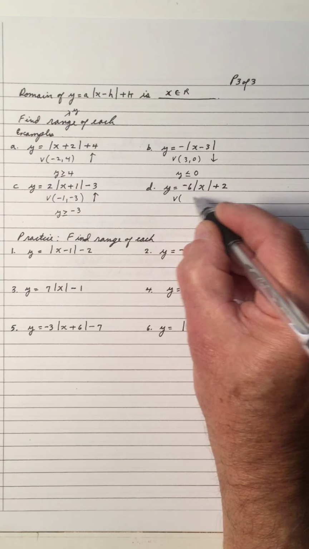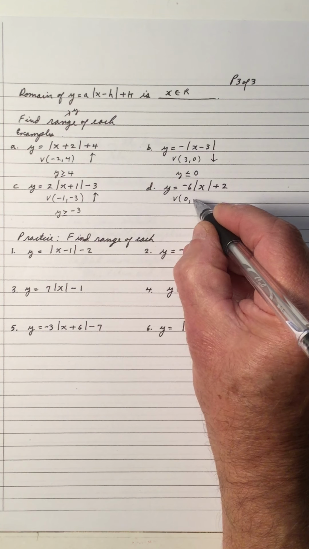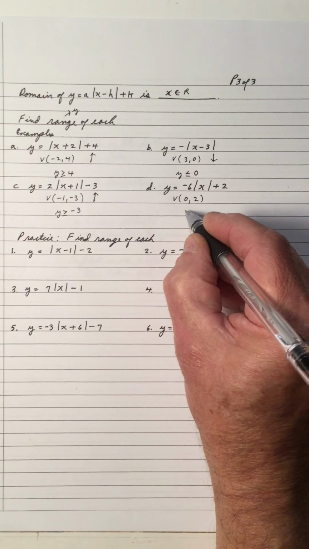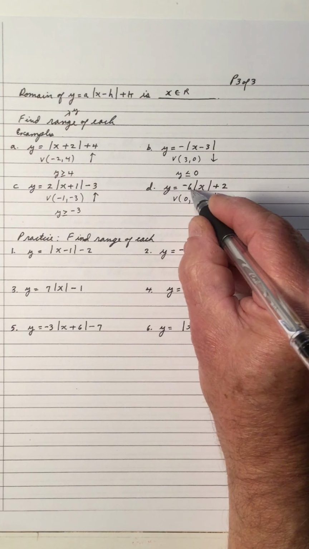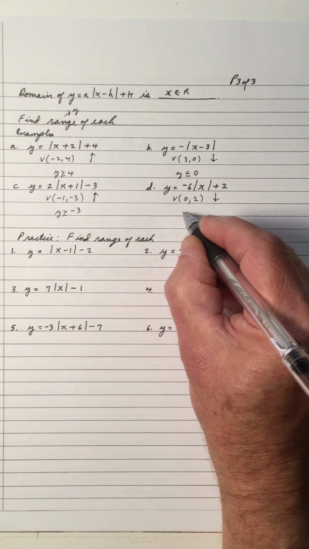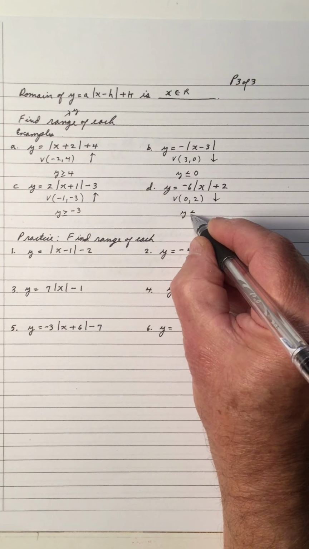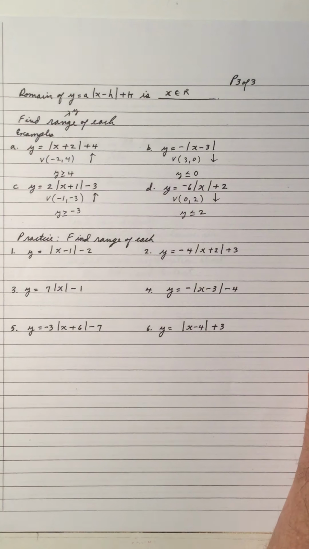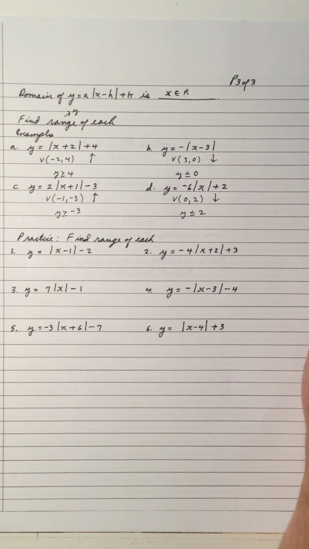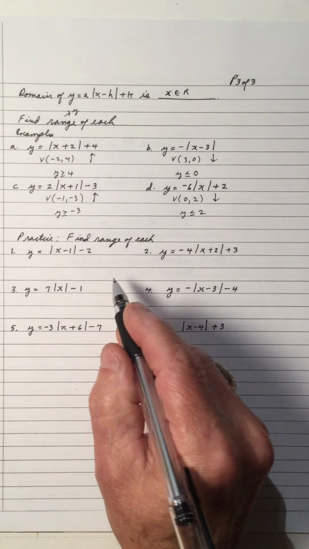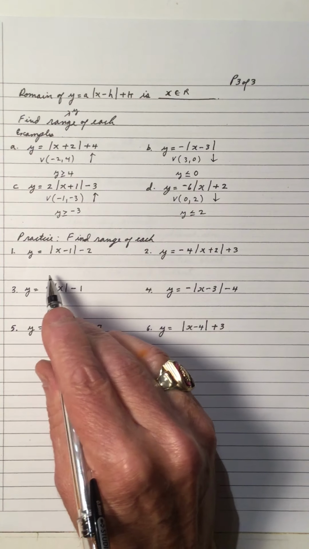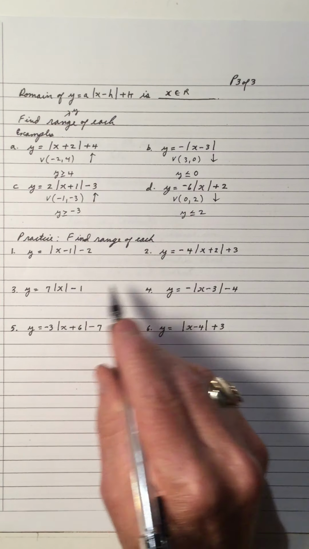D, the vertex is x is 0, y is 2, and a is negative, so it opens down, and that means the range is less than or equal to the y value of the vertex. And we have 6 more to do, so pause the video and see if you get the correct answer for the range of each of these.